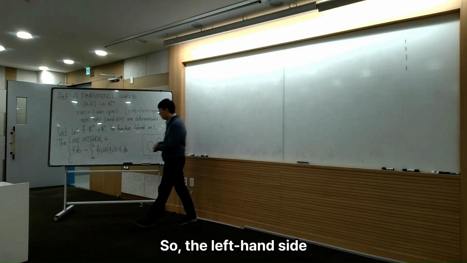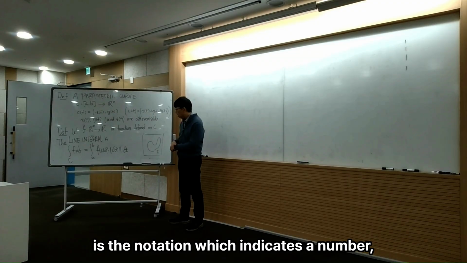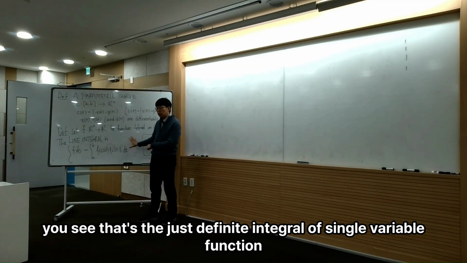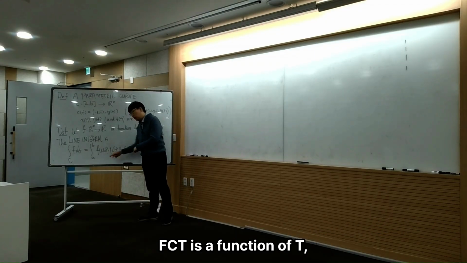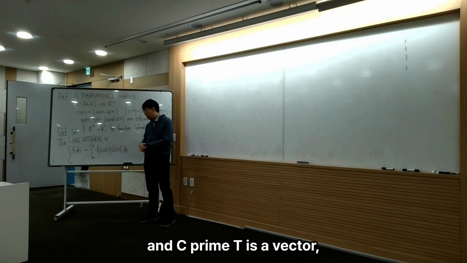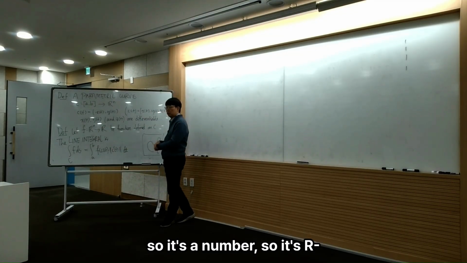The left-hand side is the notation which indicates a number, and on the right-hand side you see just a definite integral of a single variable function. f(C(t)) is a function of t, and C'(t) is a vector, but we took the norm of that vector, so it's a number.